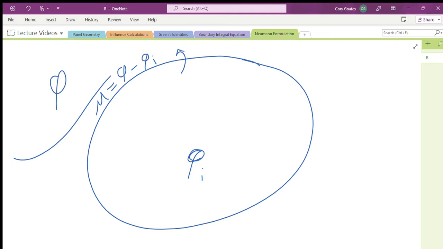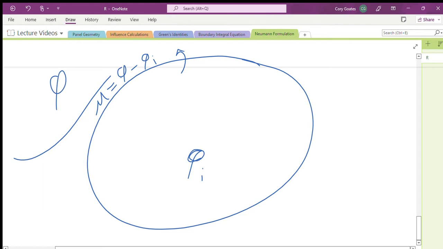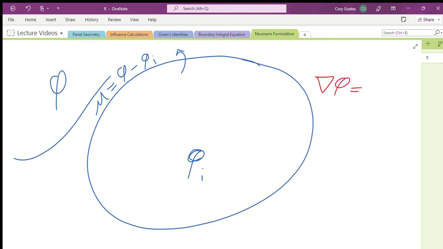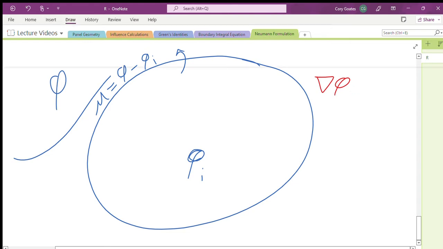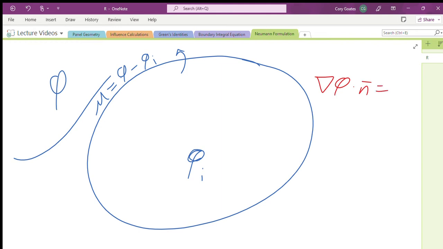Now, in order to figure out what mu was on this surface, we set up some boundary conditions, and we said that on the surface of this, we want grad phi dotted with n to be everywhere 0. Okay? And based on that, we figured out what mu was.